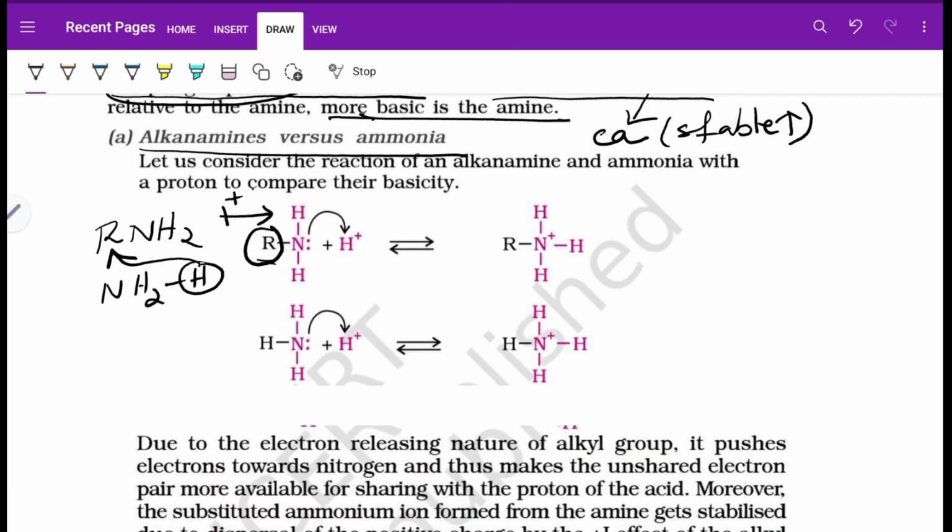Since it has plus I effect, it increases the electron density over the nitrogen atom, for which it abstracts the acidic proton more efficiently than it will for NH3, where three hydrogen atoms are bonded to nitrogen.